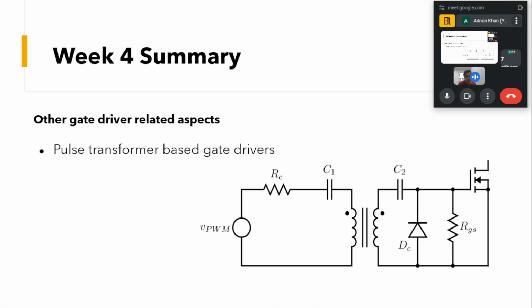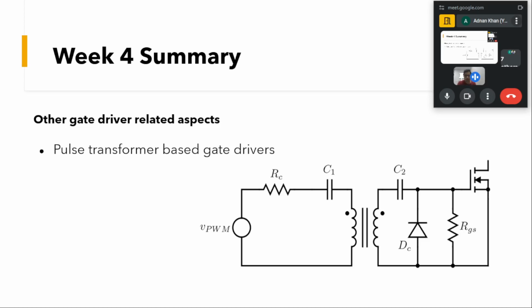When we applied this PWM across it, it caused the diode at the output side to turn on. The other way to do it is using a transformer here. You can see we have a PWM voltage at the input of the transformer that varies from 0 to VDC, and at the output we can get that voltage here as well.